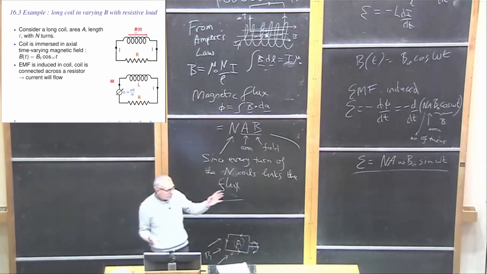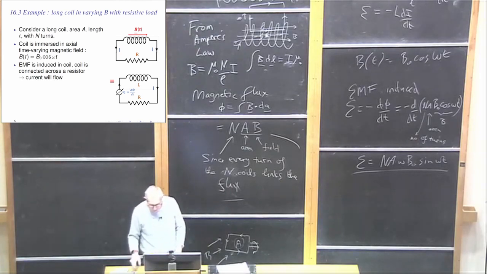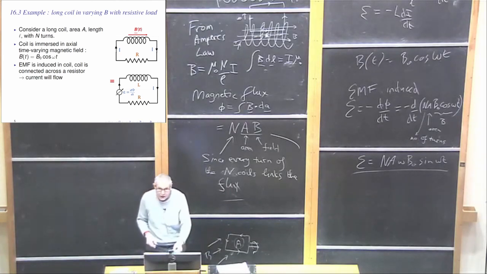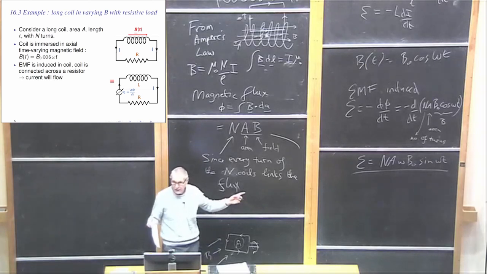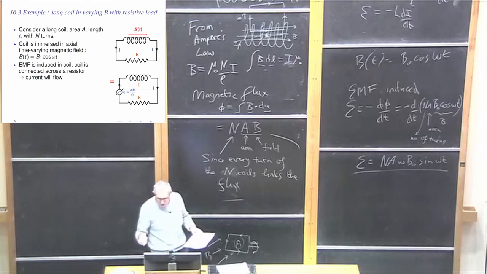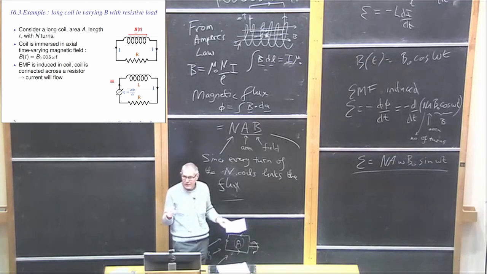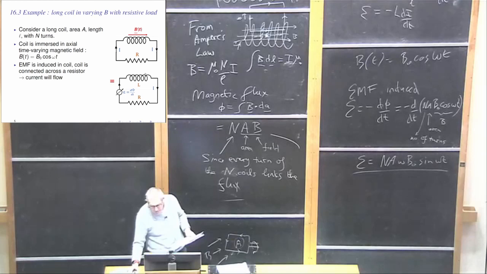Now we've got this resistor in the circuit here. So current is going to flow because we've generated an EMF, which is a voltage. So current will flow, and we do an equivalent circuit. Now, of course, the EMF is generated within this coil.